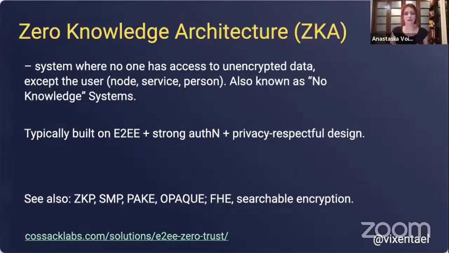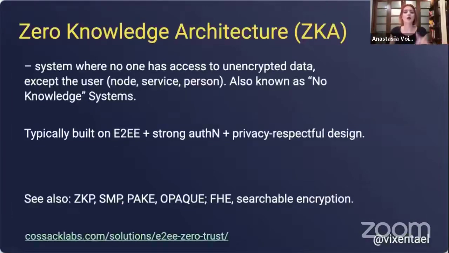So only encrypted data. And only those components, people or services that require access to plain text data have some means to access keys to decrypt this data. All the other components just have no clue.